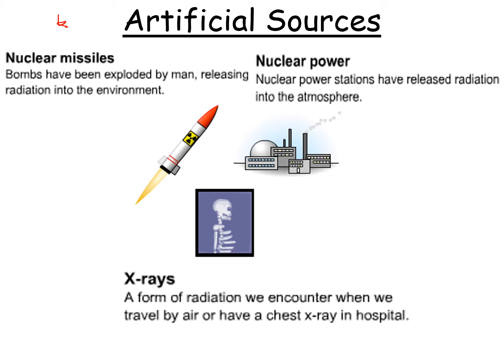For those reasons, you're only allowed to have so many x-rays per year. If you've ever been to an x-ray, they will ask you, have you had an x-ray before this year? Or have you had any other exposure to radiation? For example, if you fly quite a lot, because you're higher up in the atmosphere, then you're more likely to be exposed to greater amounts of radiation. So again, there are limits to this.